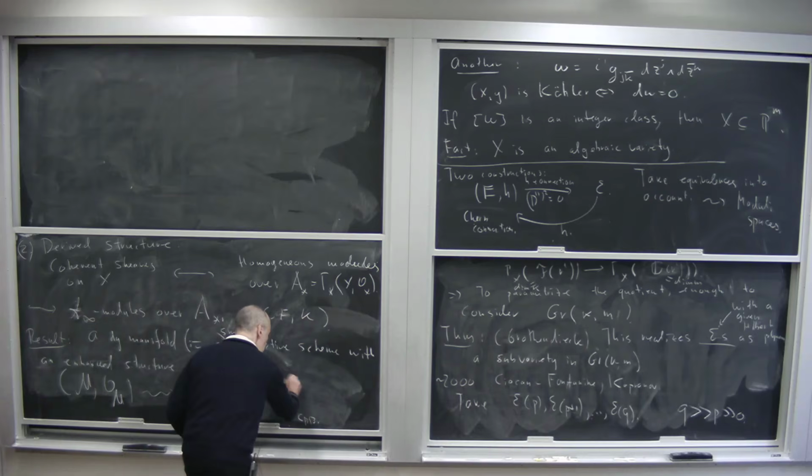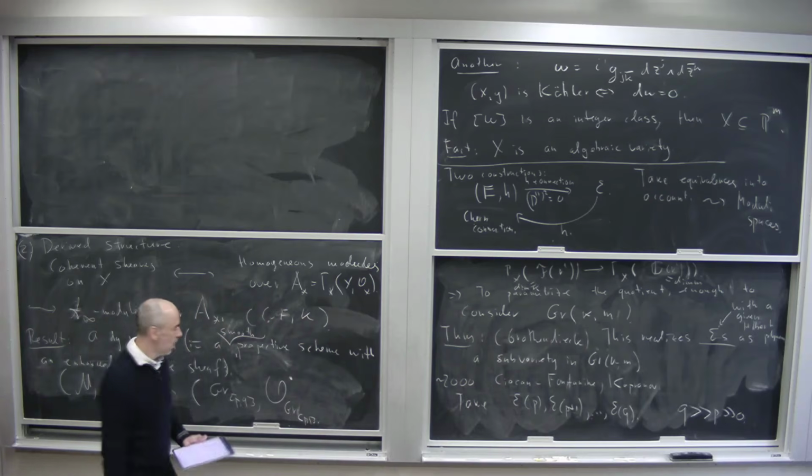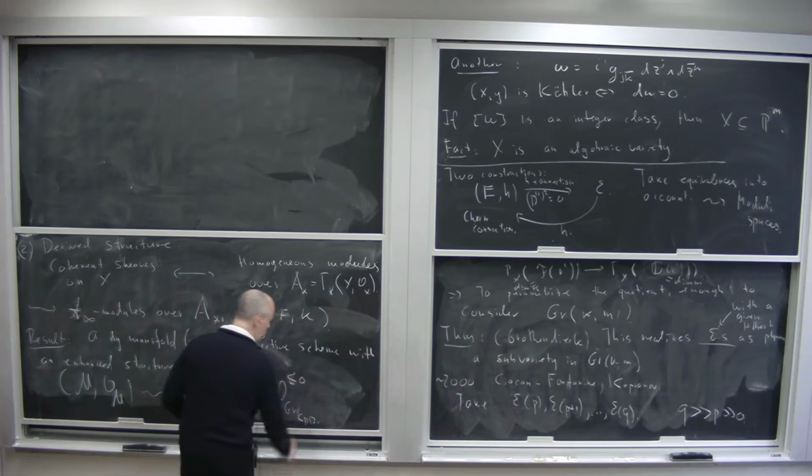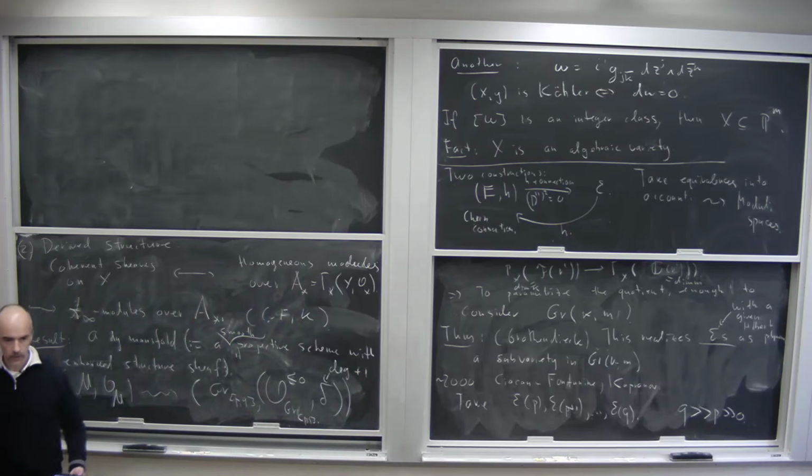But here now you will have grading. It will be actually non-positively graded, together with a homological differential, which has degree +1. So it goes always from smaller degree to a larger degree. So it is really in that grading that you expect in a good situation for derived geometry.